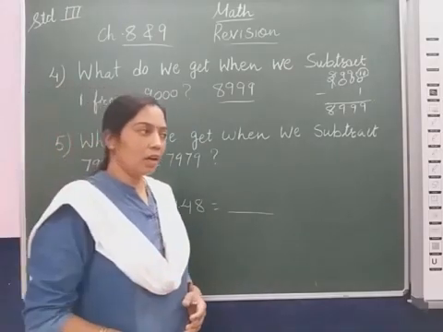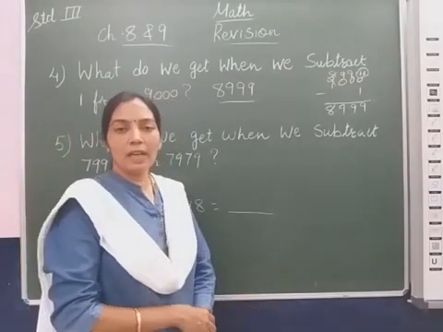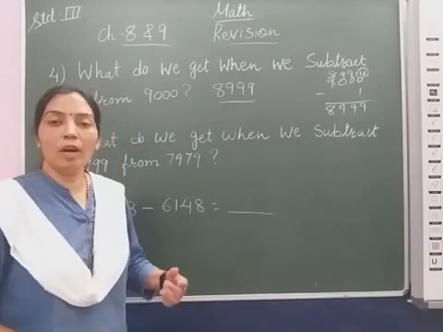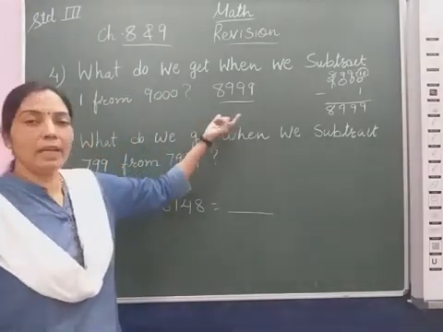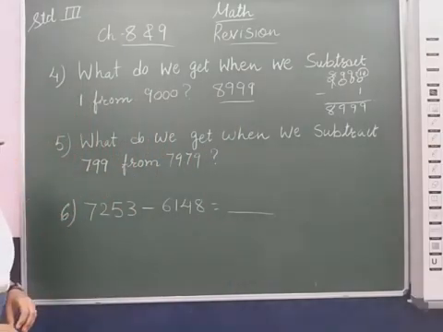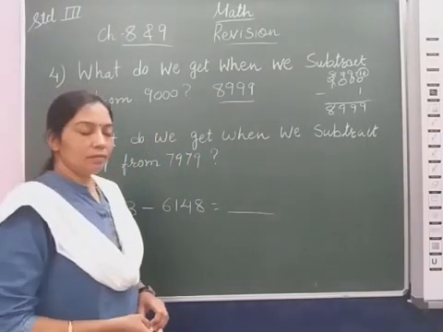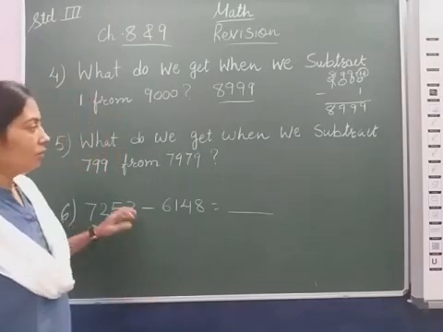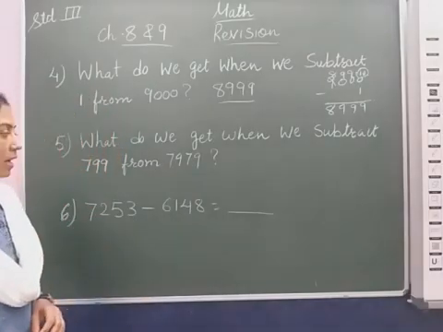Or in a simple way, when we subtract 1 from 9,000, we get 8,999.